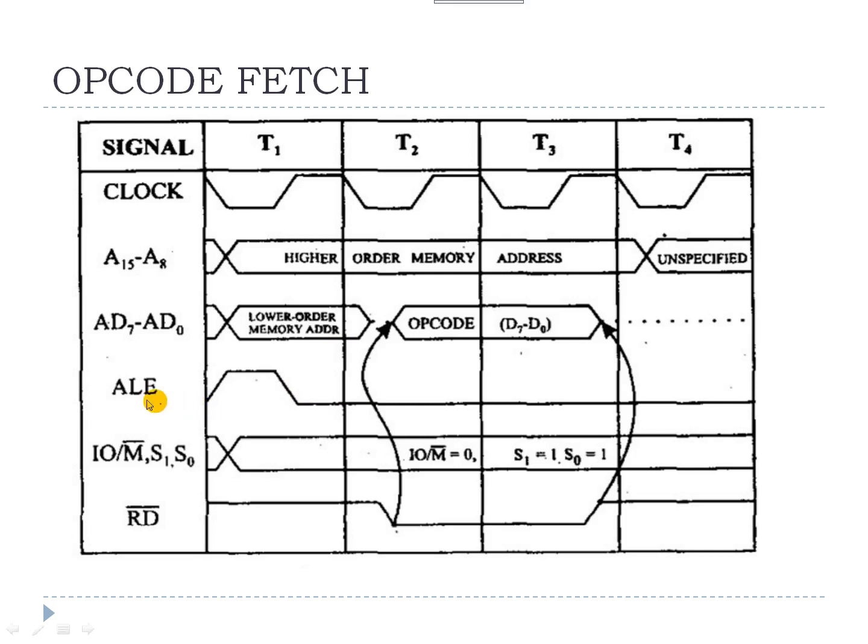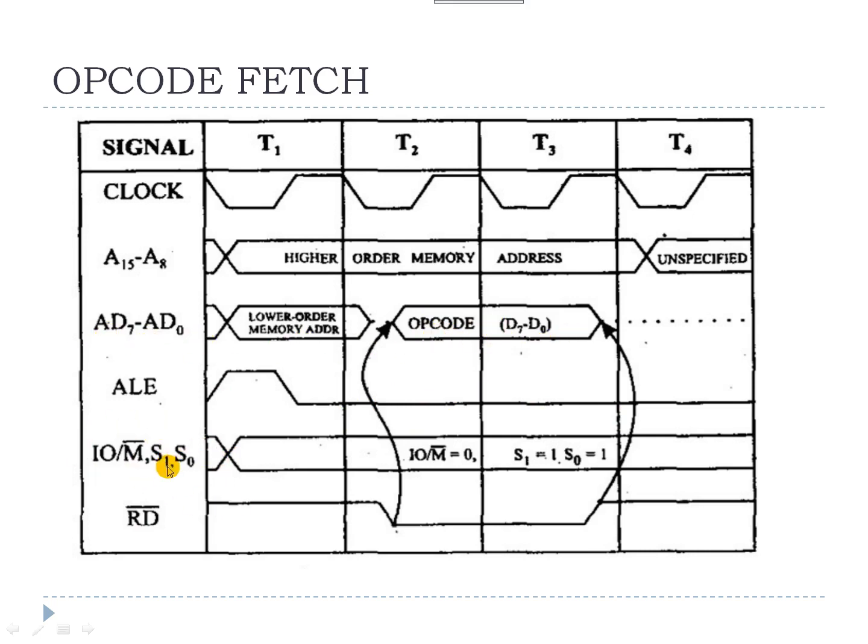When the ALE signal is low, then AD0 to AD7 supply the data. That's why we have the ALE signal as low when AD0 to AD7 is supplying the opcode value. So at this time you have to draw the ALE as low and AD0 to AD7 as opcode.